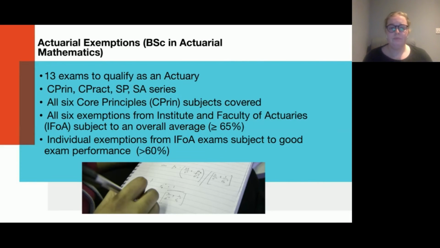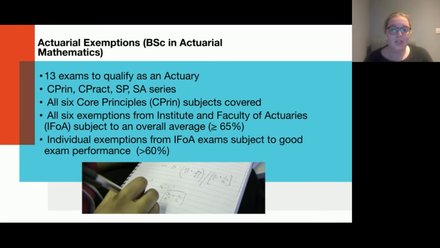You would have to get 65% overall, or 60% in that if you just wanted to get that individual exemption. But to get all the exemptions, you'd have to get over 65%. It sounds difficult, but it definitely is doable.